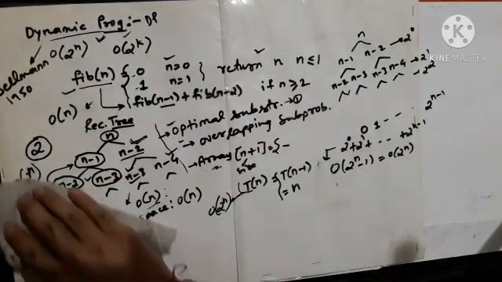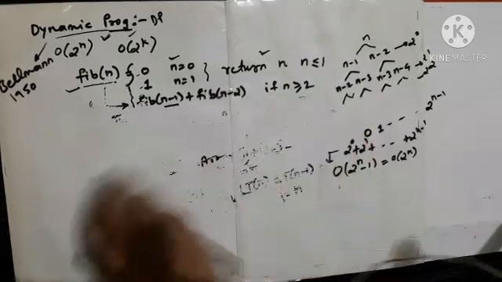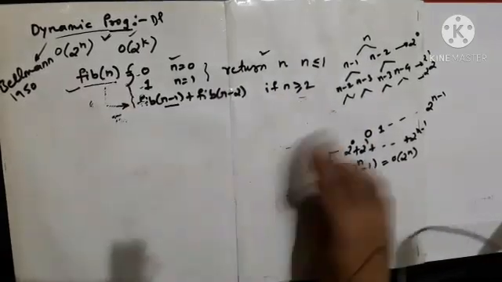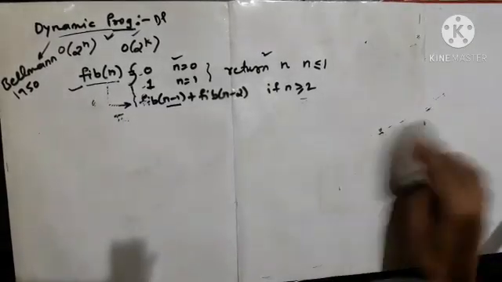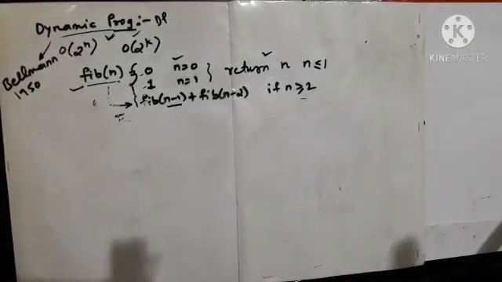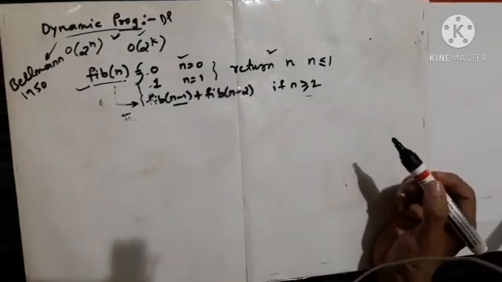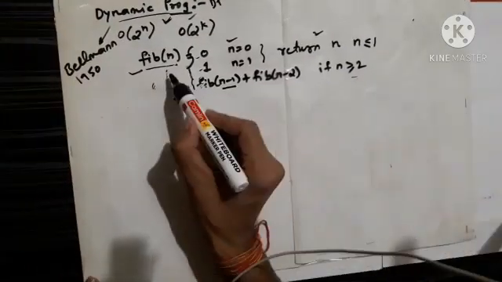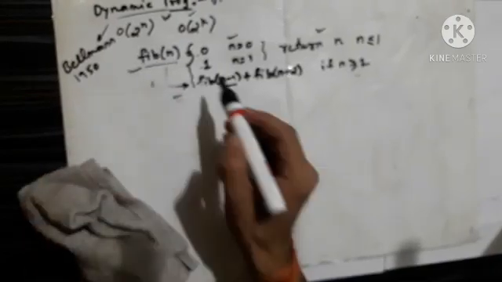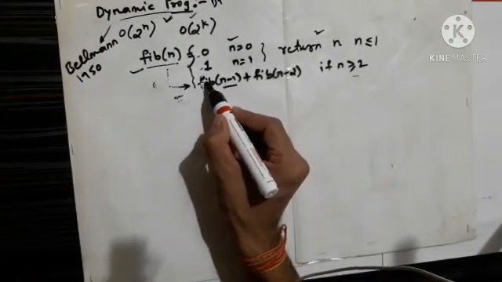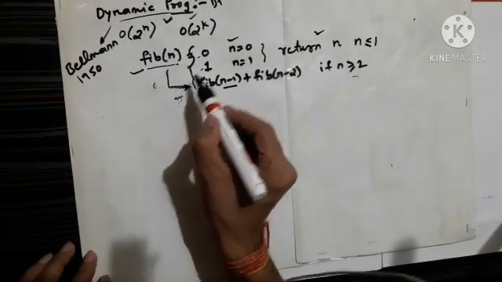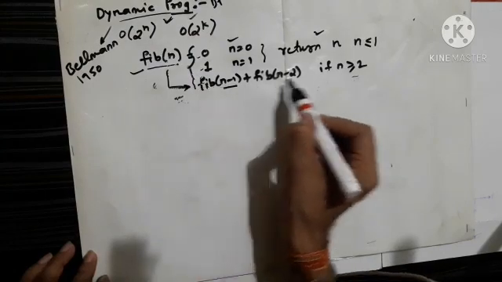Now in this particular session, we have already discussed that when n is not 0 or 1, then definitely it is going to call for these two functions.